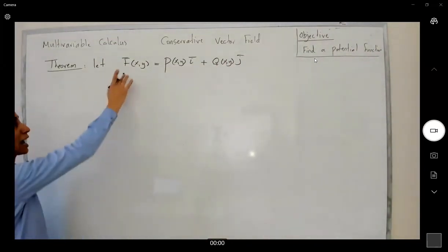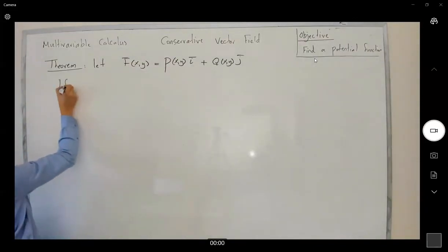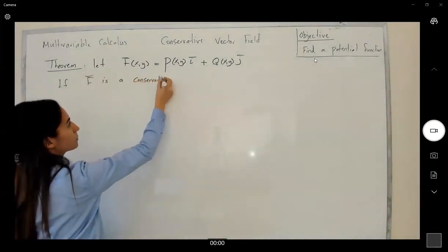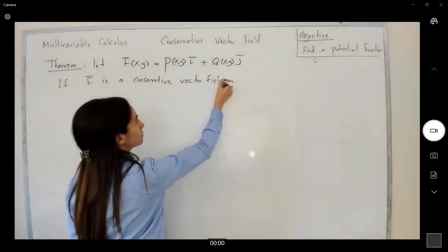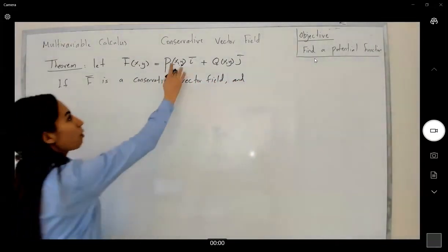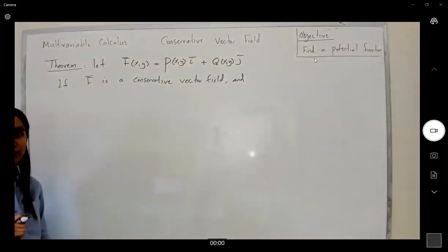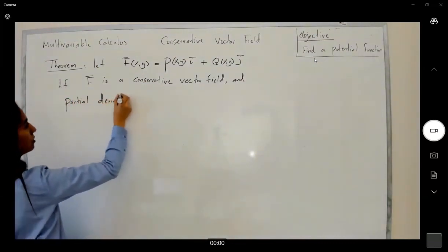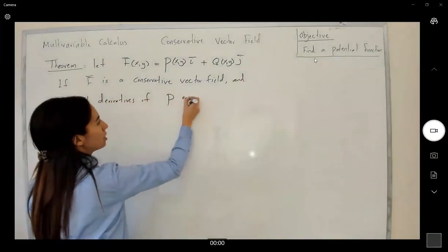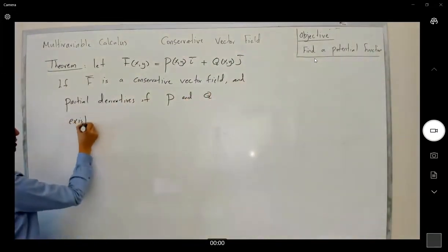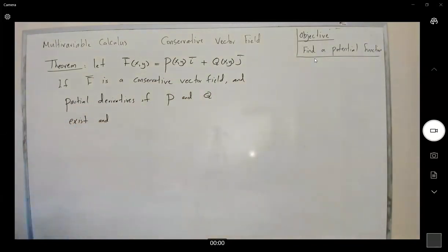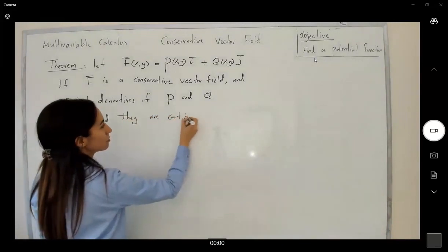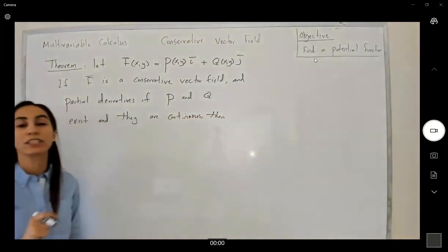This theorem says if you have a conservative vector field, if F is a conservative vector field, and if the partial derivatives of P and Q exist and they are continuous, then you must have this equality.